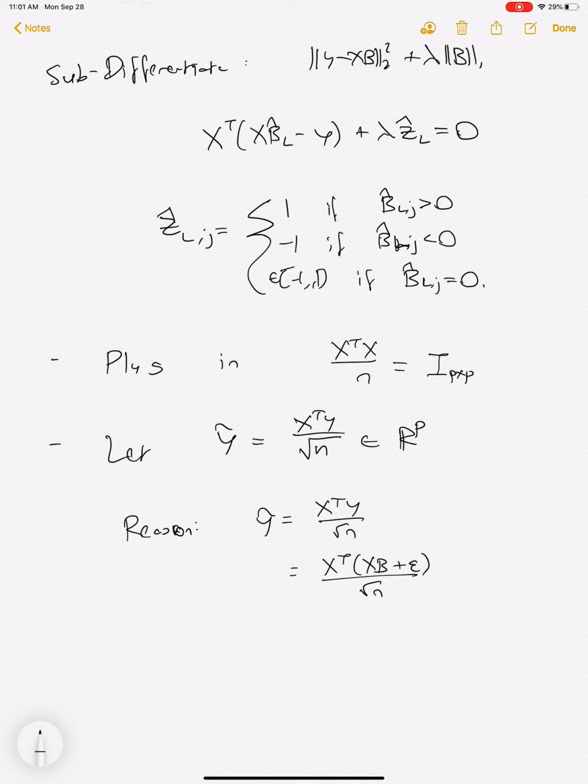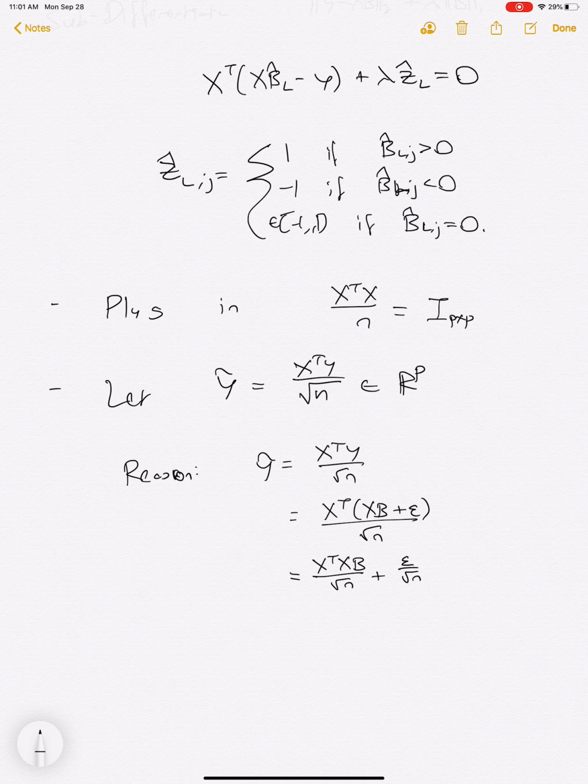And so you can express this as x transpose x b over square root of n plus x transpose epsilon over square root of n.